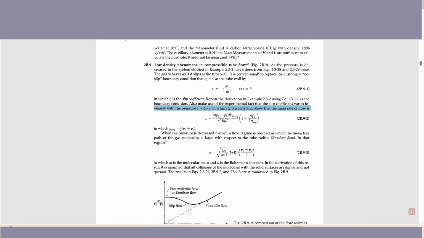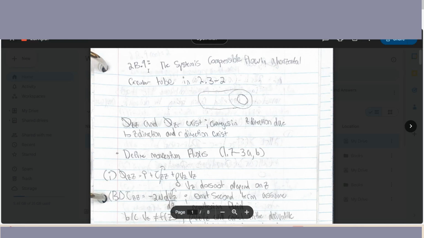So we can assume there's no effect of gravity on the pressure, because modified pressure is just the pressure plus a gravity term. Because these two pressures don't have that modification, we're just going to say it's a horizontal tube. And that's why I did this.